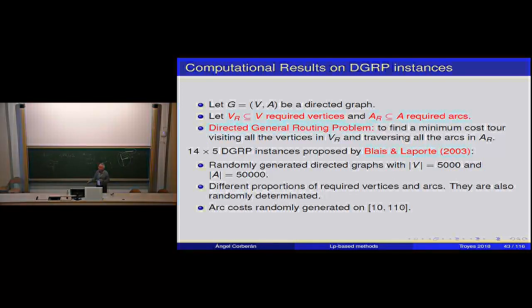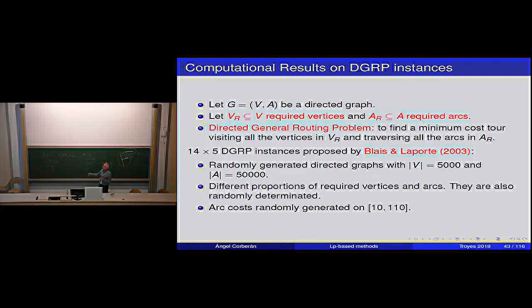And this is why we call it general routing problem. So the general routing problem on a directed graph consists of finding a minimal cost tour, visiting some of the vertices of the graph that we denote by VR, required vertices, and traversing all the arcs in the required arcs. Okay?